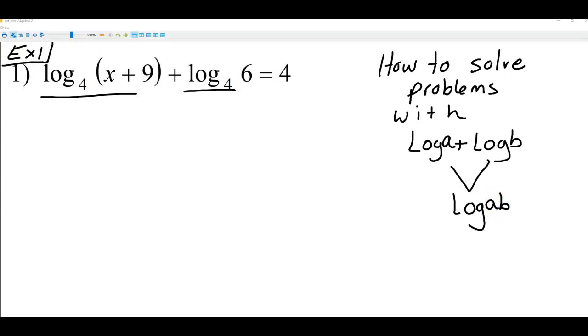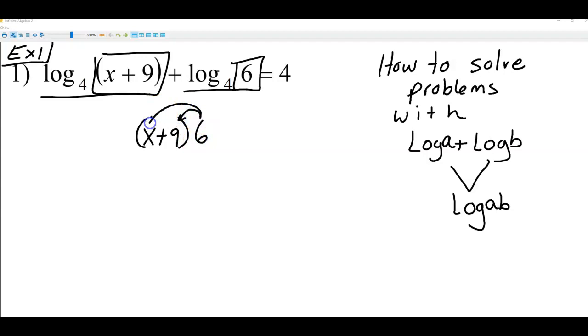So in this case I've got x plus 9, and in this case I've got 6. We're going to multiply those together, so let's do that. X plus 9, I'm going to keep that in parentheses because it's a binomial, times 6, and we're going to distribute that 6 inside.